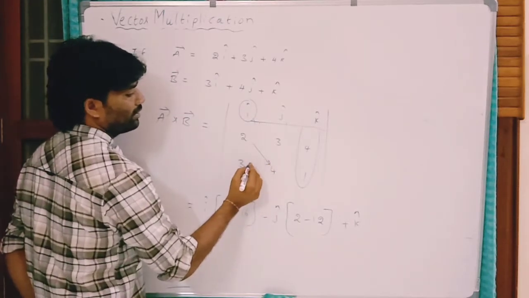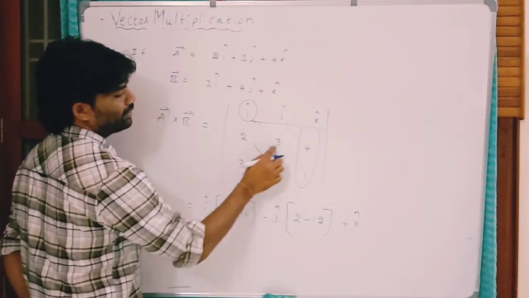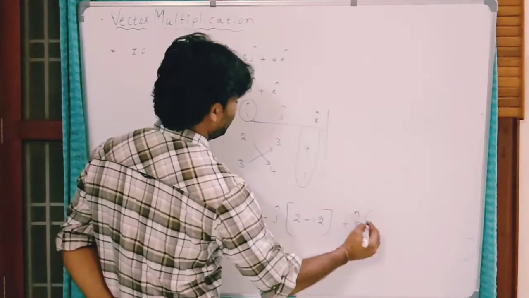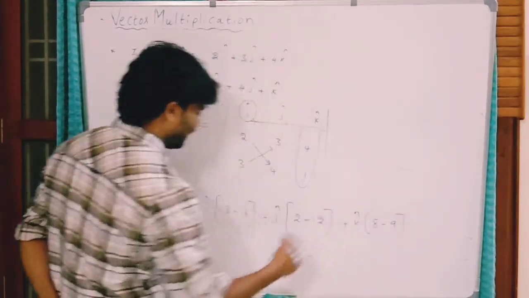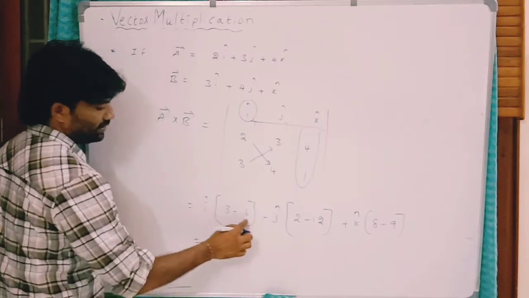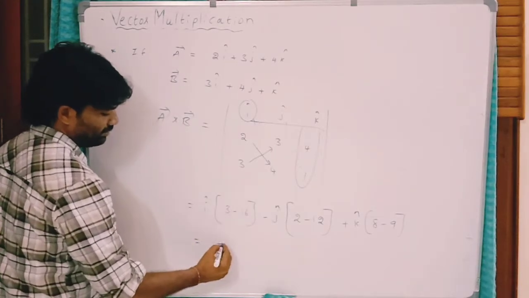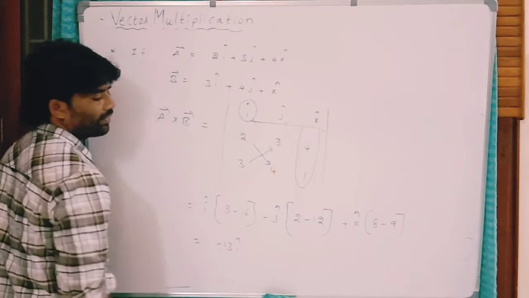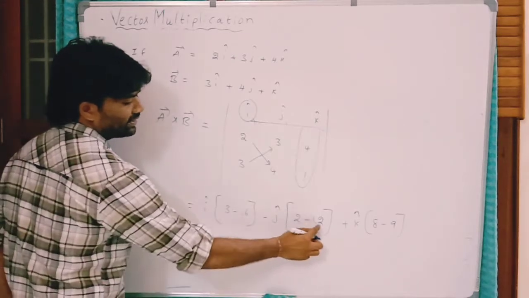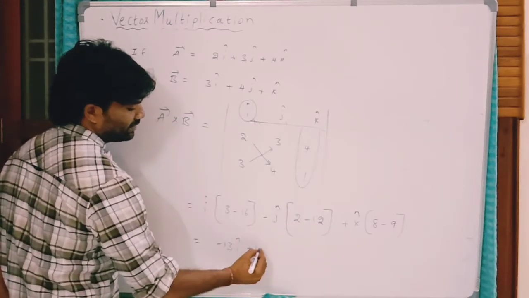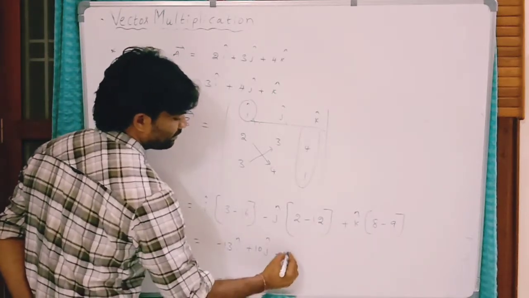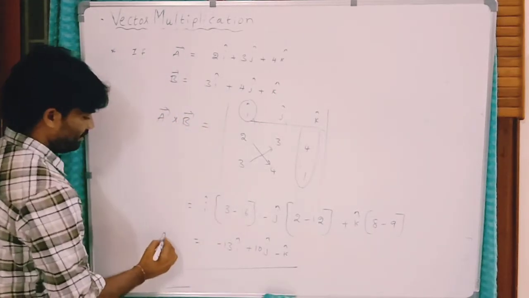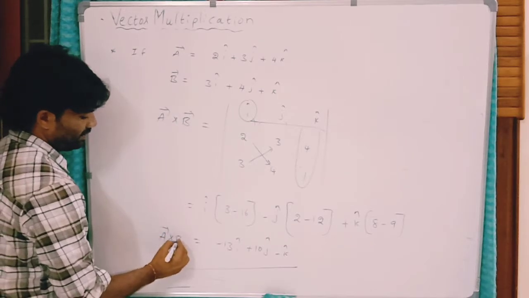Now the multiplication of these two minus these two. This is 2 into 4, 8 minus 3 into 3 is 9. It gives this difference, minus 13 i cap. And this is minus 10, minus of minus, plus 10j, and this is minus k cap. This is A cross B.